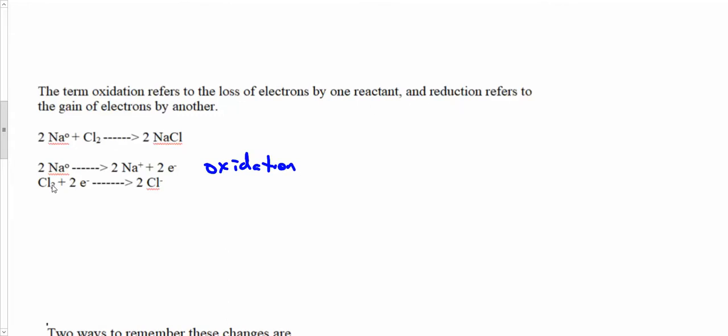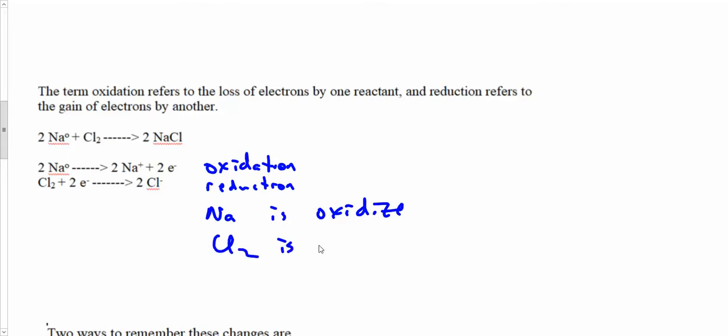Notice that Cl2 is grabbing 2 electrons, it's gaining them to form this, so this is reduction. And we would say that Na is oxidized and we would say that Cl2 is reduced.